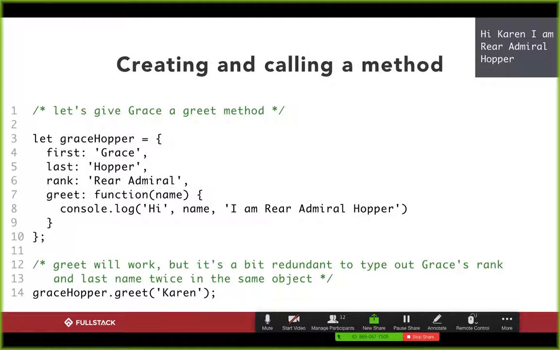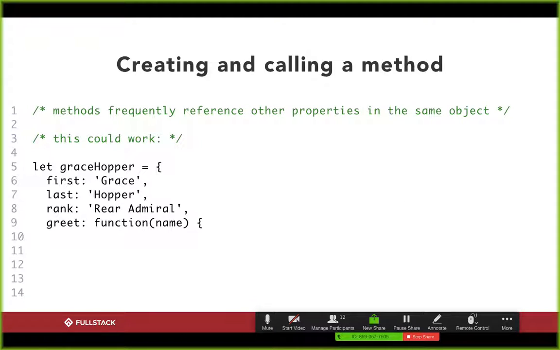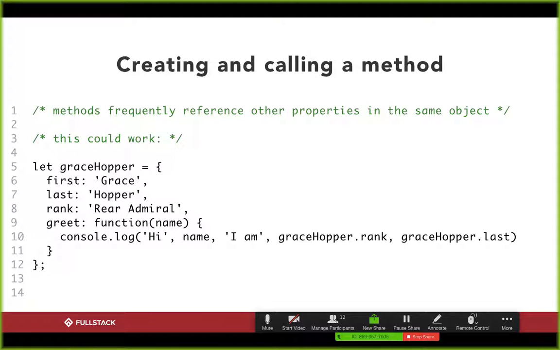So here, I notice on the second half of my console log, I am Rear Admiral Hopper. Well, Rear Admiral and Hopper already exist. So even though there's nothing quote unquote wrong with typing it out, it does seem a bit inefficient. So we're going to optimize that just a tiny bit.